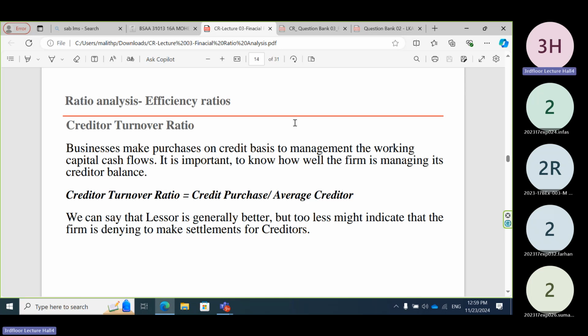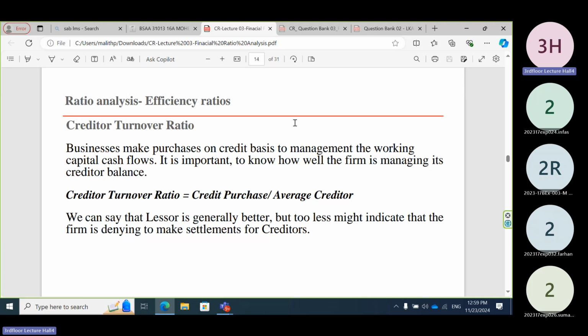If we are having that much creditor, how frequently we are settling our creditor balance will reflect in the creditor turnover ratio. So what is the target? To have a higher value. Why? That is healthy to manage liquidity.